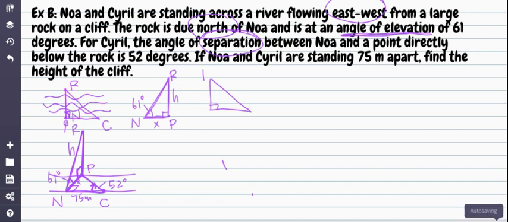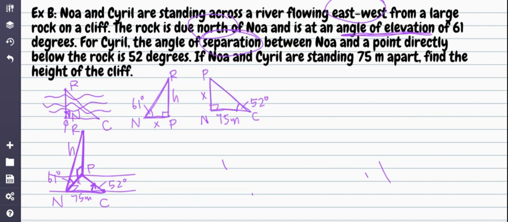Right? Here's that point below the rock. Here is Noah. Here is Cyril. And they're 75 meters apart. NP was X, we already said that, and this angle was 52 degrees. Okay, so it does help to redraw the triangles separately as well, flat, but we have to draw them together as well.